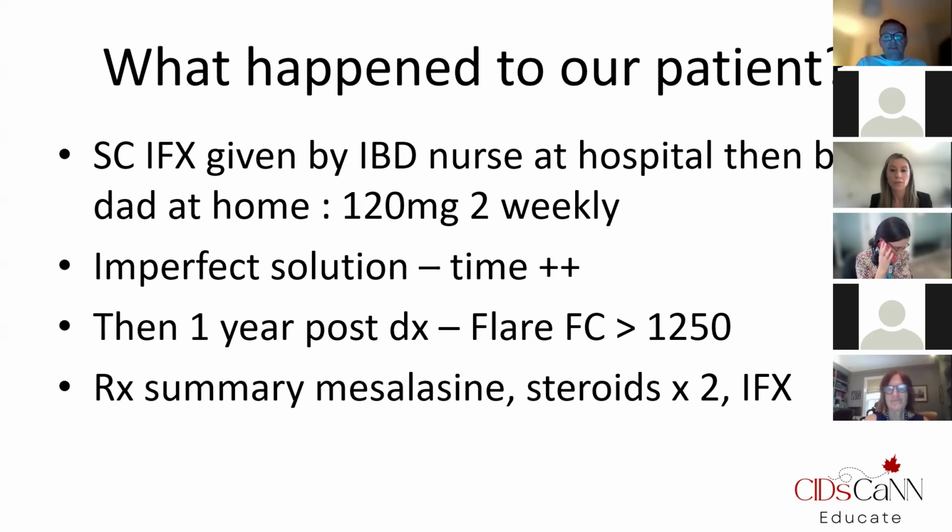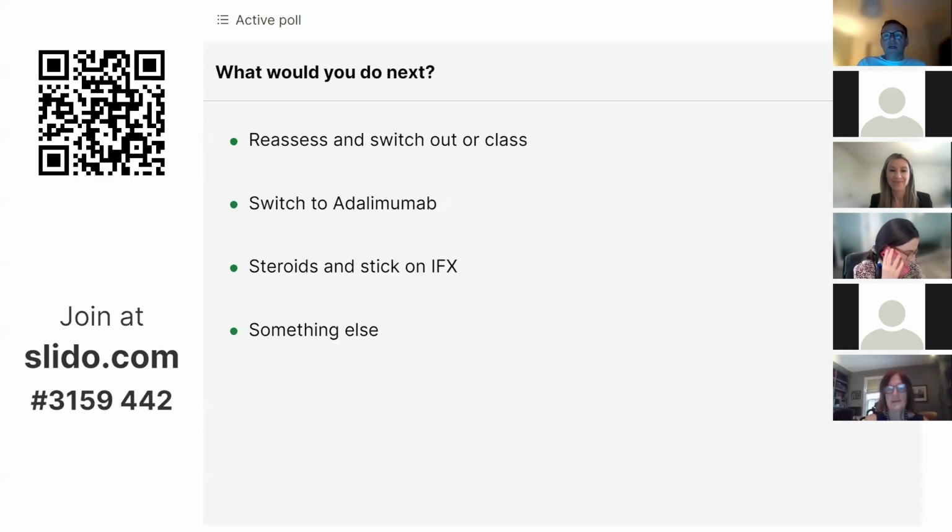Despite his infliximab, he then had a further flare. And at the point of flare, he'd experienced mesalazine, top and tail, 2 courses of steroids, and infliximab. So you can guess what the next slide's going to be. This patient now becomes your virtual patient. So what are you going to do next?